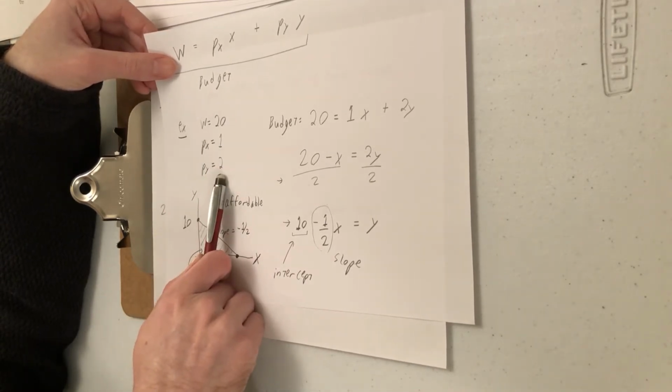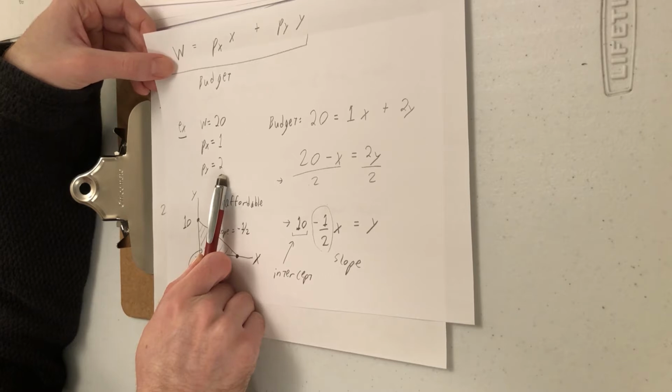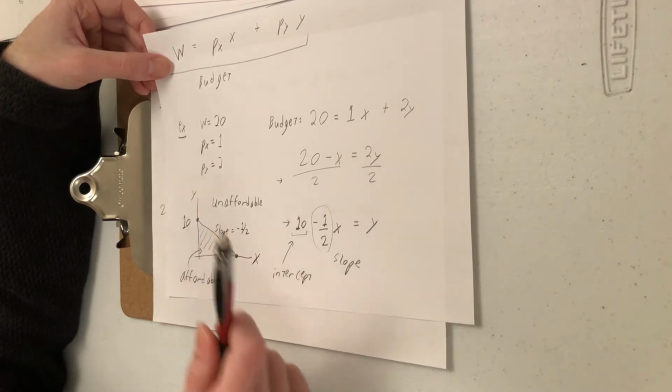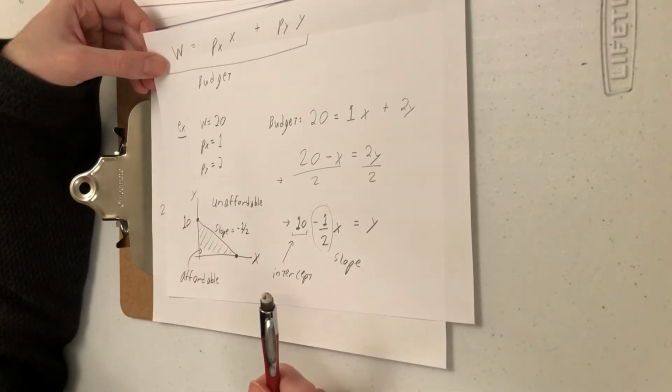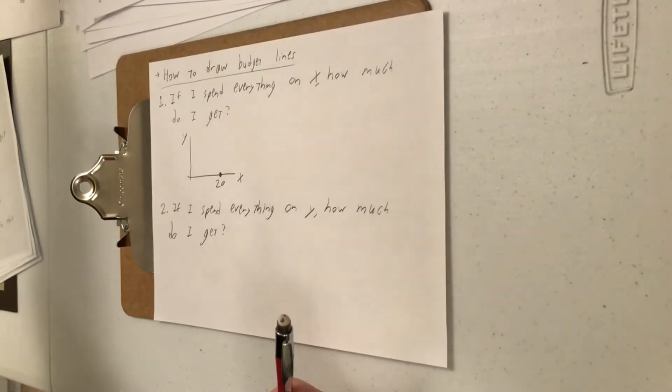Price of Y was 2. So the most we could afford was 10 units of Y. So you plot that point in your graph as well.